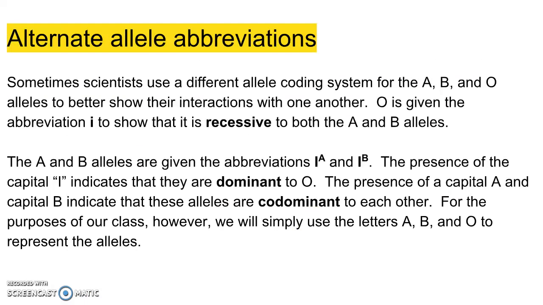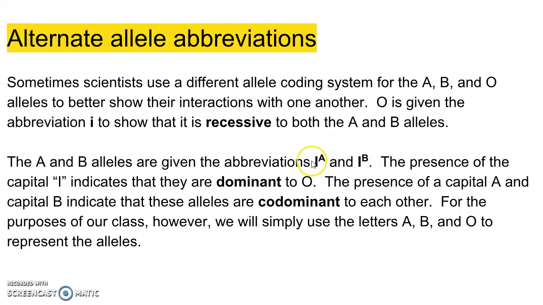Now, sometimes scientists use different allele abbreviations to represent the relationships between the A, B, and O alleles. Sometimes they use the lowercase i to represent the O allele, and that shows that it's recessive to both A and B because we give both the A and B alleles a capital I, which shows that they're dominant to O. Now, we also give them a superscript capital letter each.